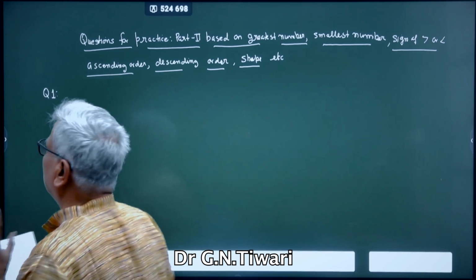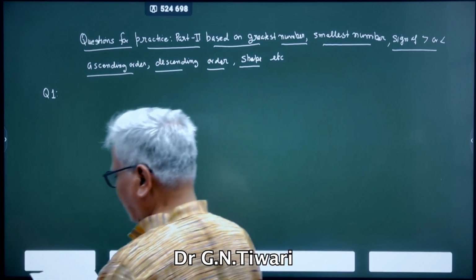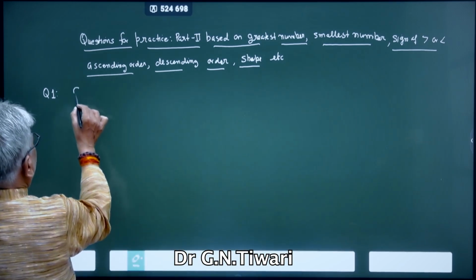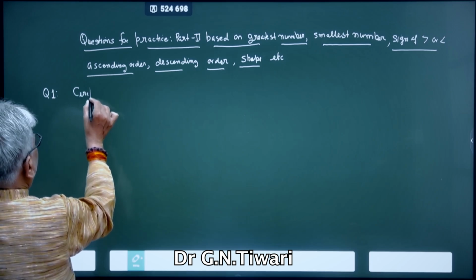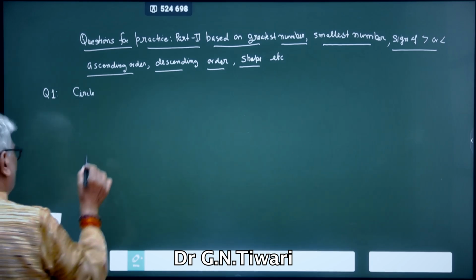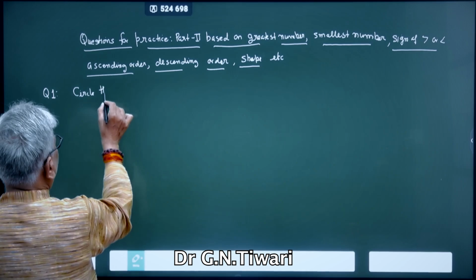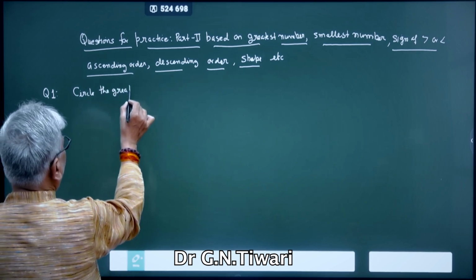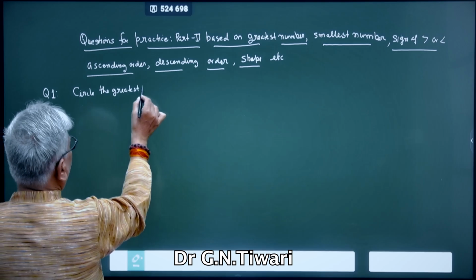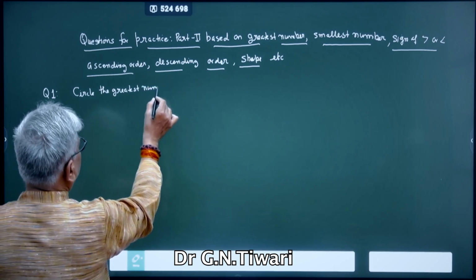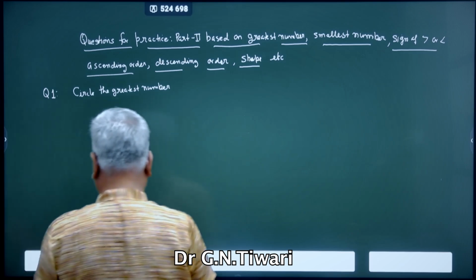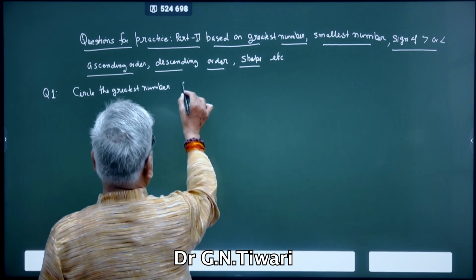Q1 means question 1. Now see, circle the greatest number of the following.